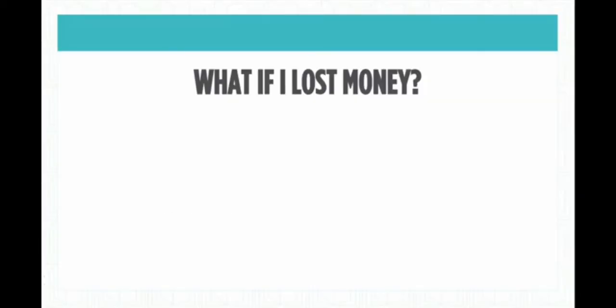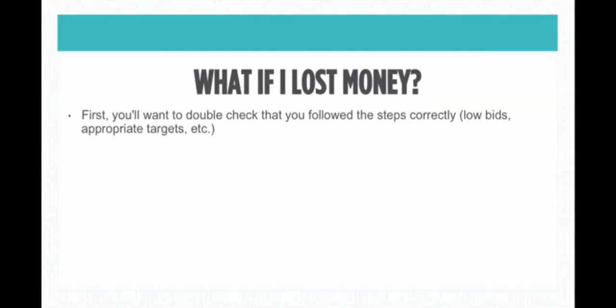So what if I lost money during the challenge? Well, first, double check that you did everything the way I laid it out with those low bids. Every so often I see an author saying, I bid low, but my cost per click is 50 cents. Well, it can't be 50 cents if your bids were 30 or 35 cents, because Amazon will not bid it over.